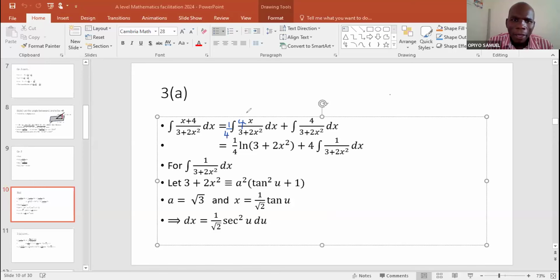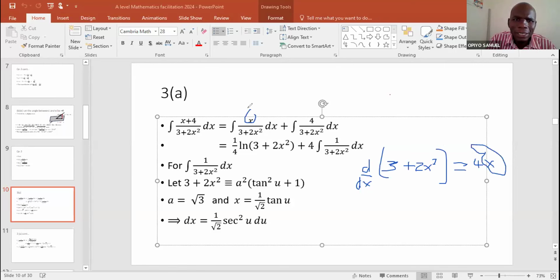Let me explain again. After we have split the numerator, we differentiate the denominator, 3 plus 2x squared, and we get 4x. Now, here we have 4 and x, and here we also have x, but the 4 is missing, so you need to insert a 4.